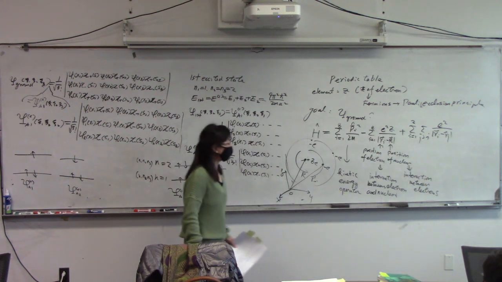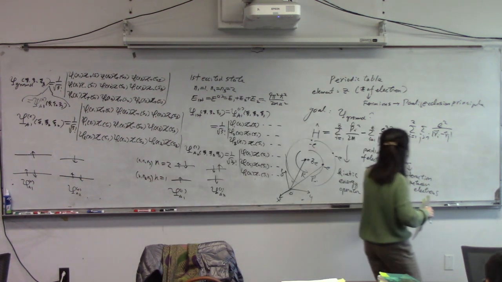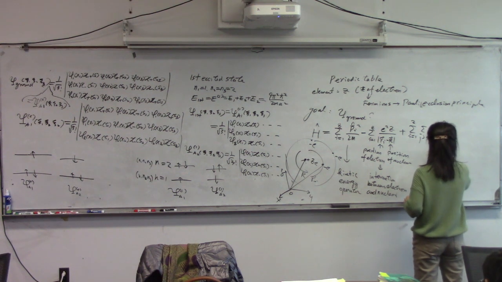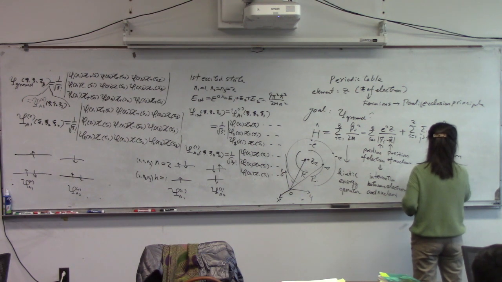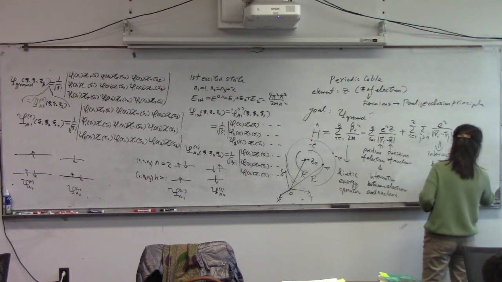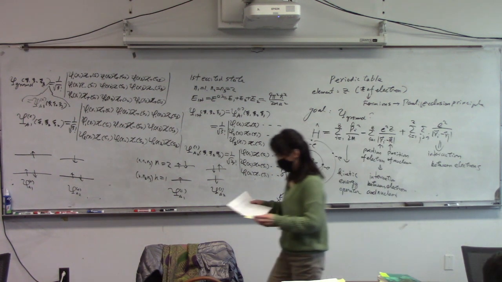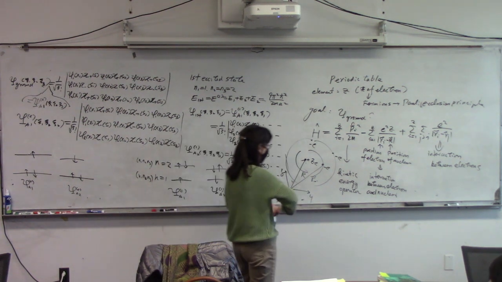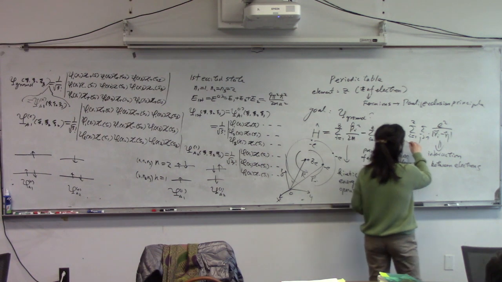So actually we have three terms. Oh, sorry, this one is not. This one is here. Interaction between electrons. Okay, so then the troublemaker, so far we haven't dealt with this one.